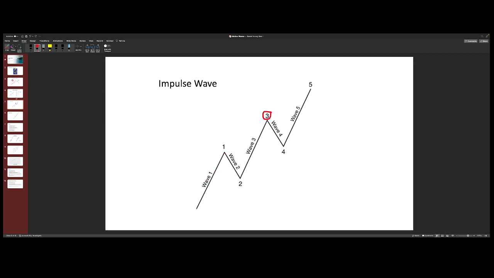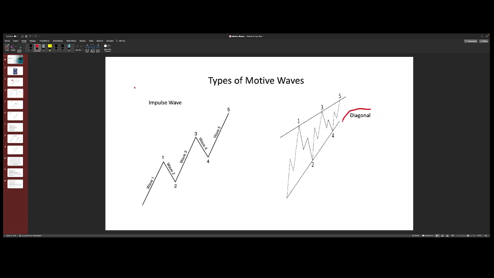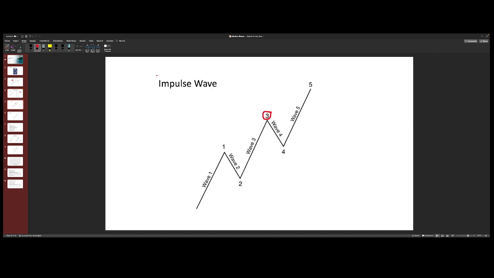That's a diagonal. The diagonal is the other type of motive information that we receive. So inside the impulse wave, we can have wave 1 be a diagonal. Similarly, we can have wave 5 also be a diagonal. So those are some rules to follow. Wave 5 will always be an impulse or a diagonal of some sort.